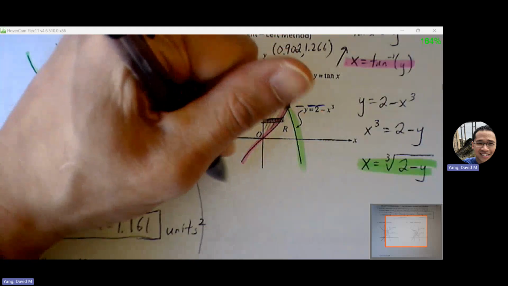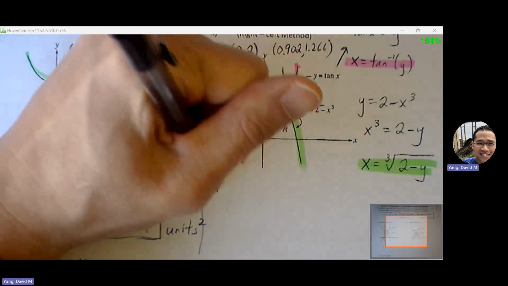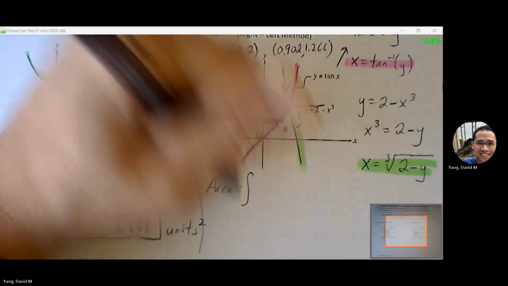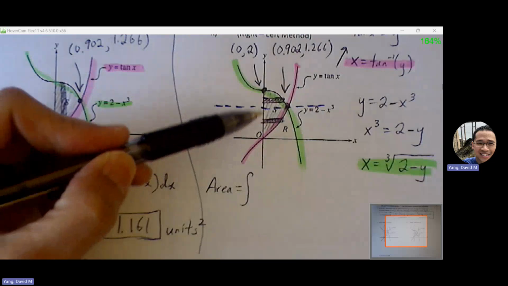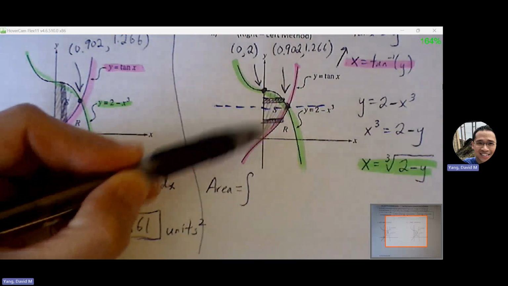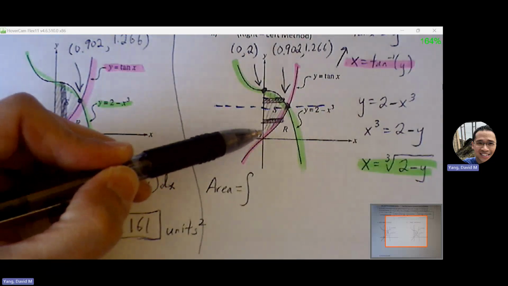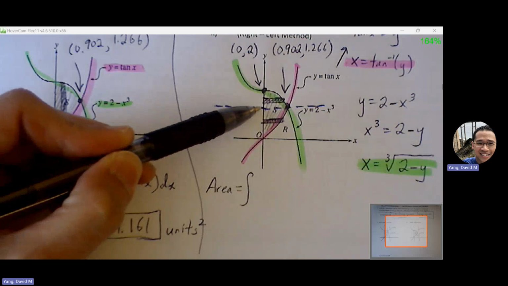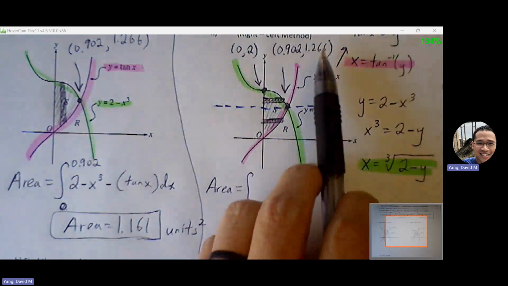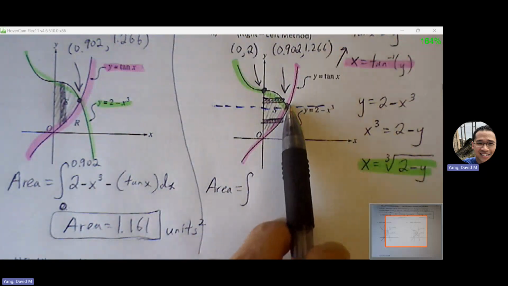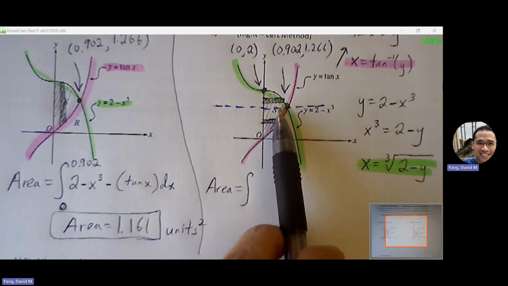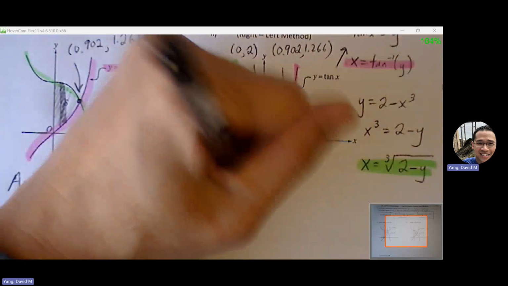So let's do the bottom first. So area, go from bottom to top. We'll look at the bottom region here involving the red curve, involving the tangent. So it's going to be from 0 to 1.266, right? That's the y value where the two graphs will split.